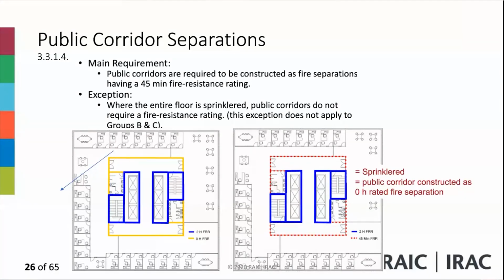So when the area here is not sprinklered, I've got office spaces, I've got a public corridor constructed as a 45-minute rated fire separation. Here I've got the floor sprinklered and a public corridor can be constructed as a 0-hour rated fire separation.